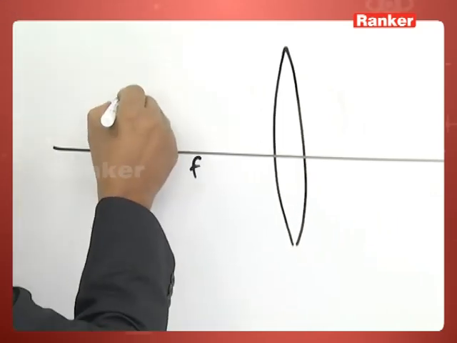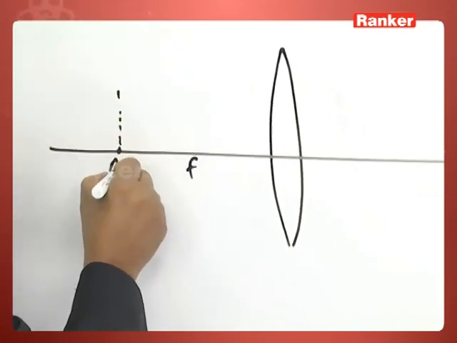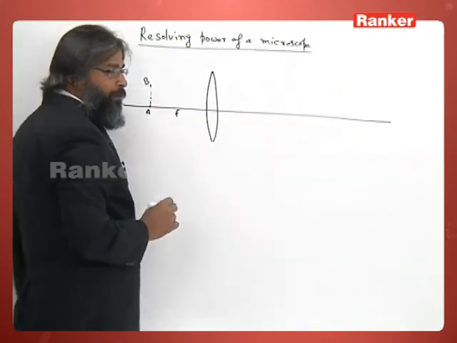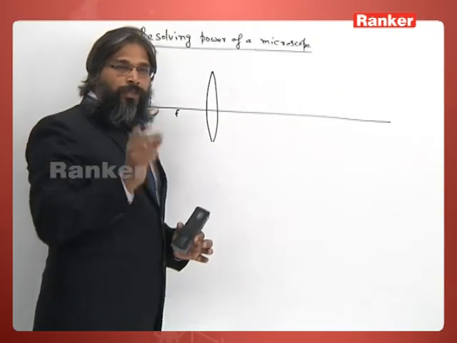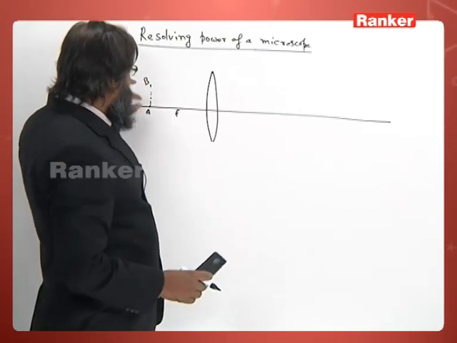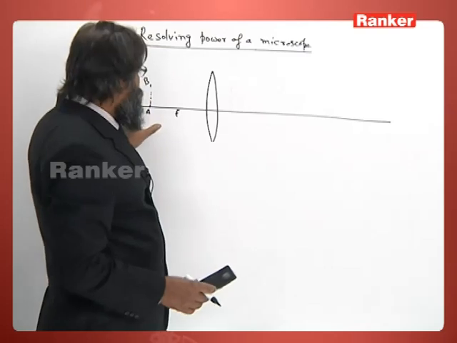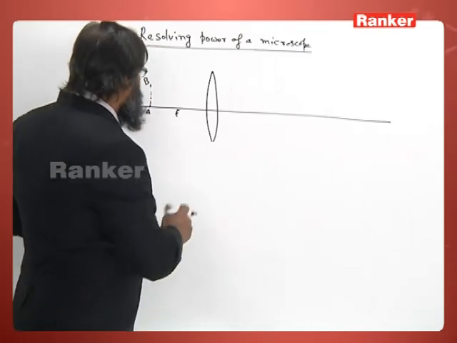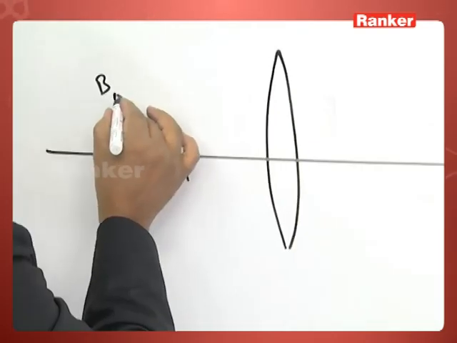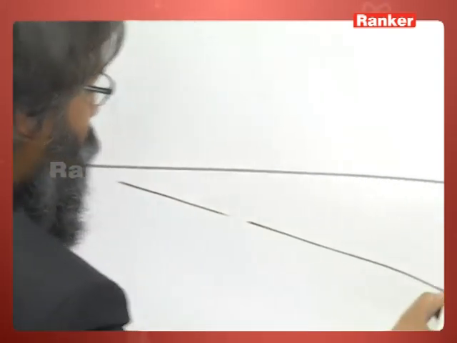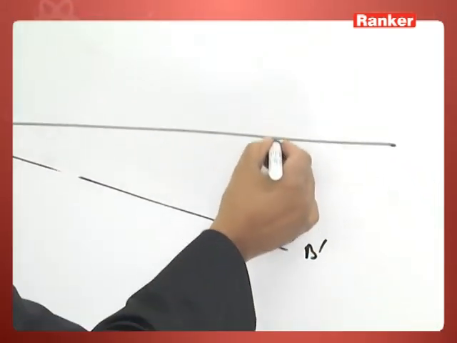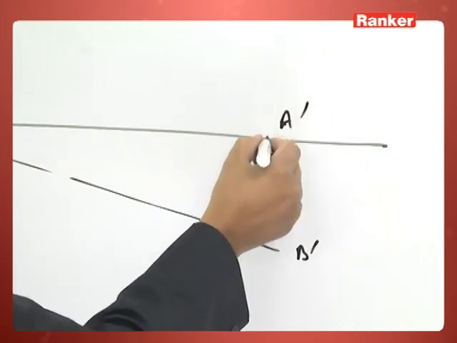So let us say that here I have two objects A and B. Through a microscope, we see two points A and B, two objects, two viruses, two bacteria, any microorganism, at A and B, and this is B dash and this is A dash.